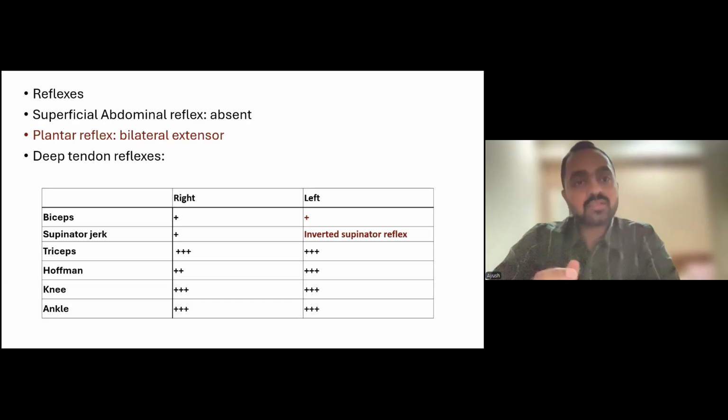Some of the points do not favor either intramedullary or extramedullary, but considering the pattern of weakness, as you told, sir, it does point towards an extramedullary component. Correct.